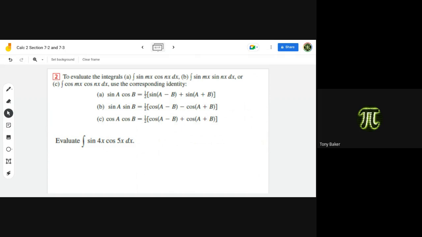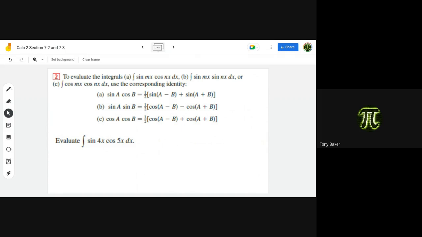Some of these, like the half angle ones, are pretty easy to remember. As you've seen, I have a tendency to forget the 1/2 in front, but those are typically easy to remember. These are your sum and difference identities.